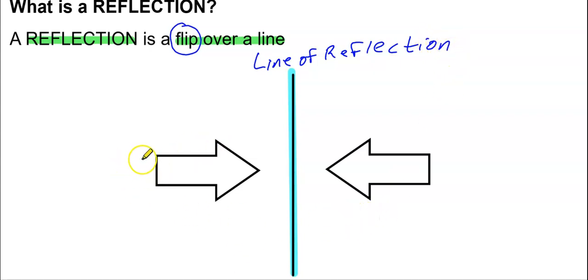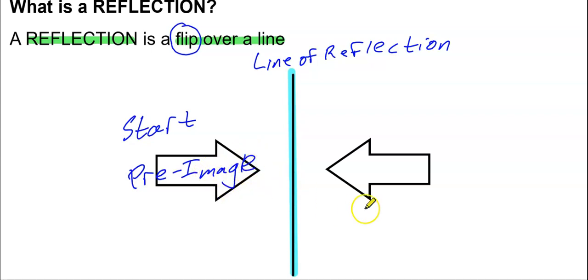My pre-image is going to be where we start. If we start with this shape, this is known as my pre-image. And over here where we ended up, this is my image.